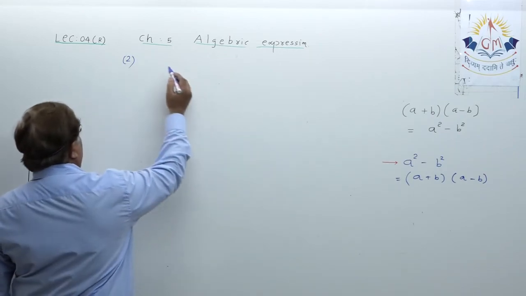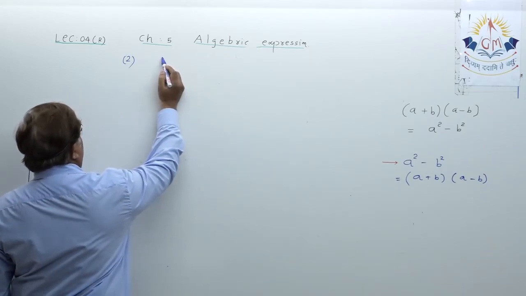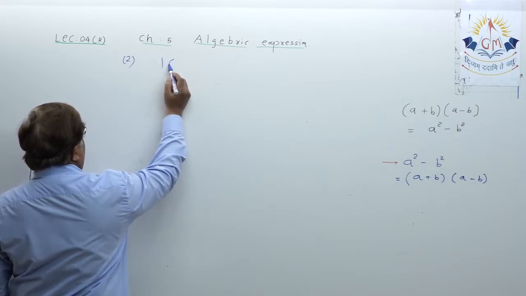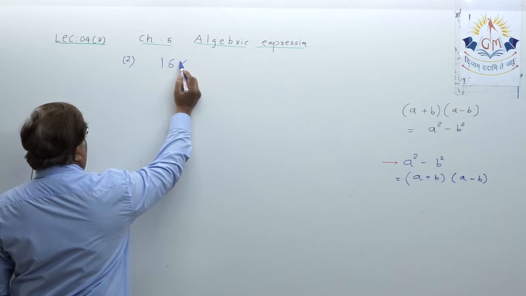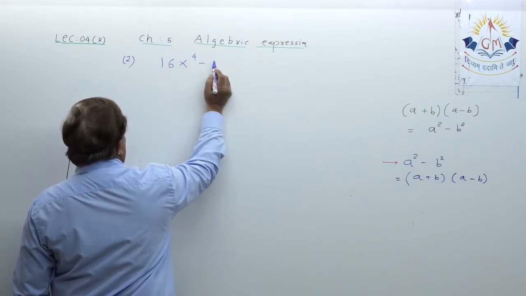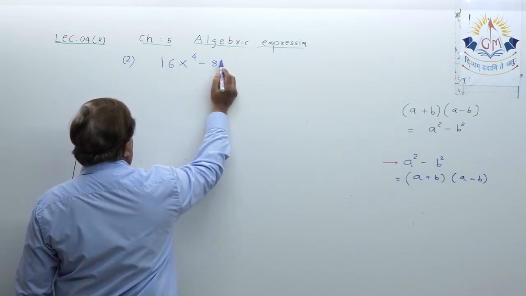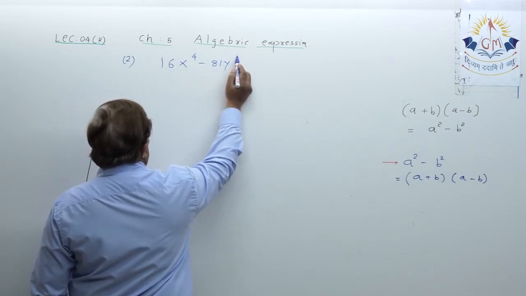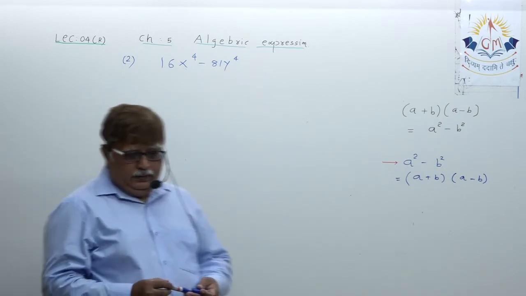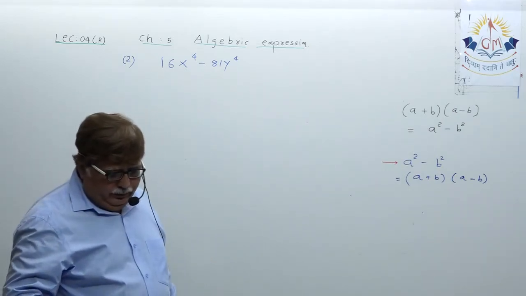Understand? It is like 16x raised to 4 minus 81y raised to 4. Okay, please try this out.